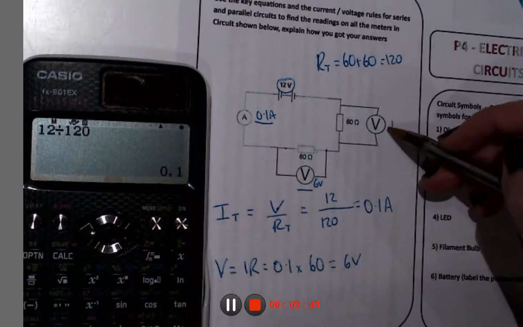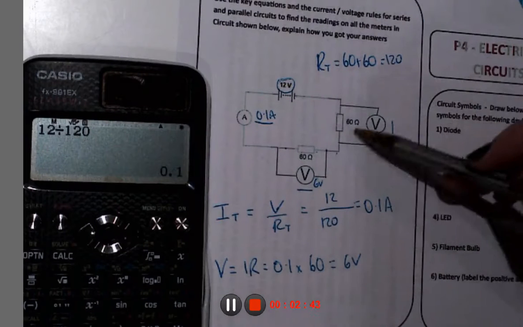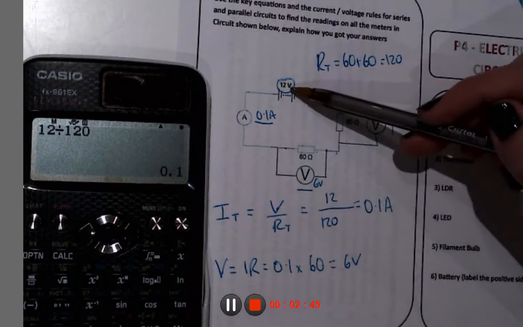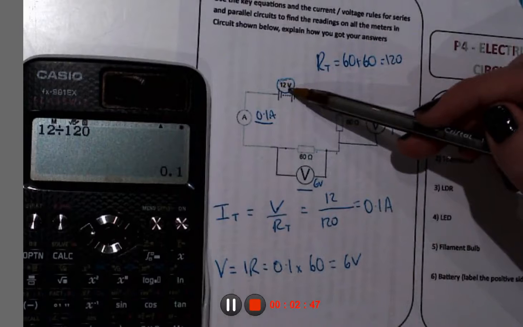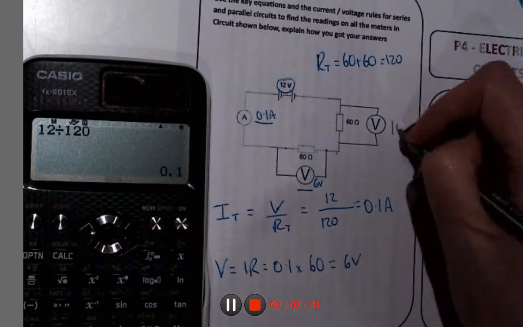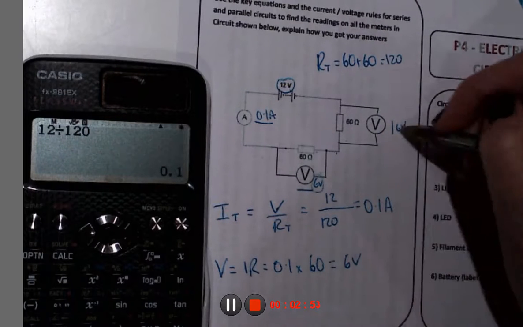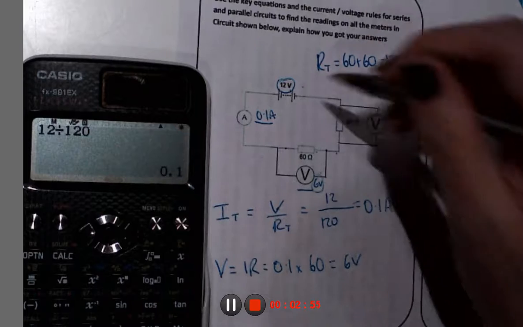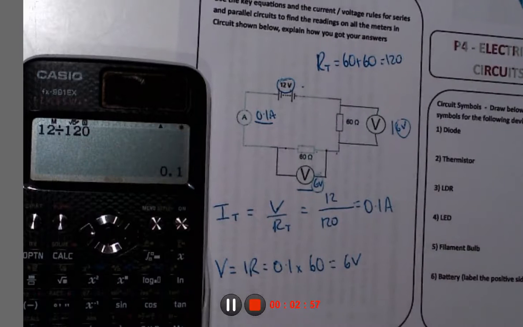We can do the same thing here, but the resistances are the same and it's got 12 volts here. So I know that this is going to be 12 minus 6, because 6 plus 6 equals the 12 from the power supply. Hope that makes sense.